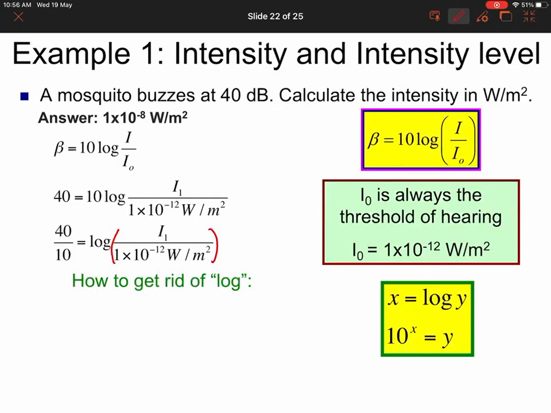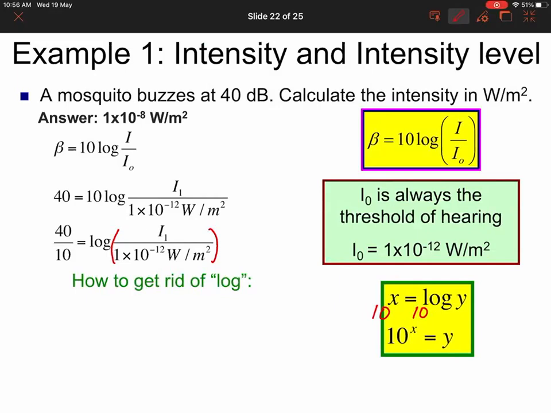Okay, if you have x is equal to log y, if you raise both sides to the power of 10, so if you do a base 10, essentially if you put 10 on both sides of the equation, so that x becomes the exponent of base 10 and log y becomes the exponent of base 10.